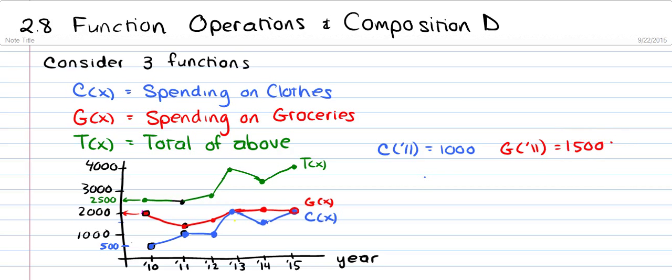So now, T of the year 11 should be C of the year 11 plus G of the year 11. That's going to be 1,000 plus 1,500.